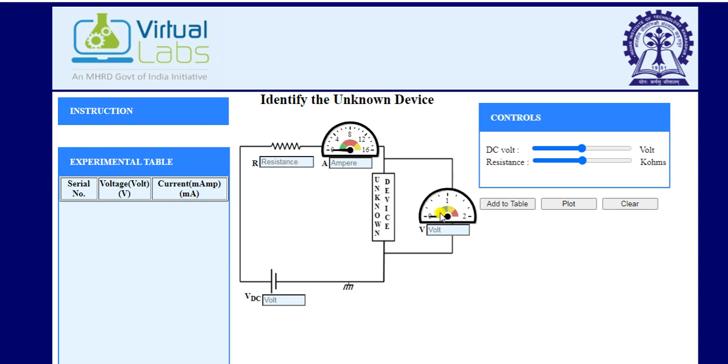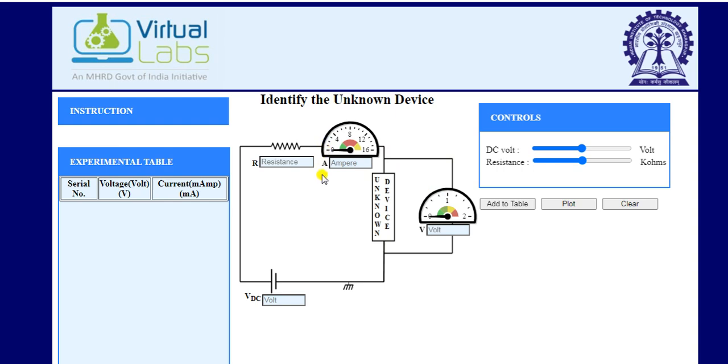So this is the schematic diagram, or we can say circuit diagram. There is a DC voltage, a resistance, and an unknown device across which a voltmeter is connected to measure the voltage across this particular device, and an ammeter to measure the current.